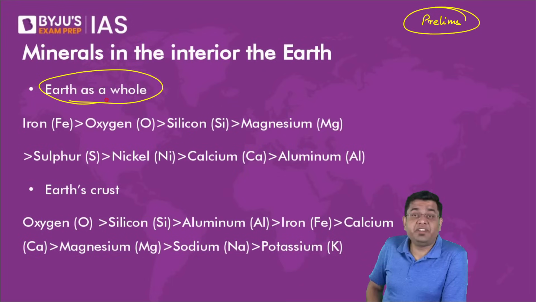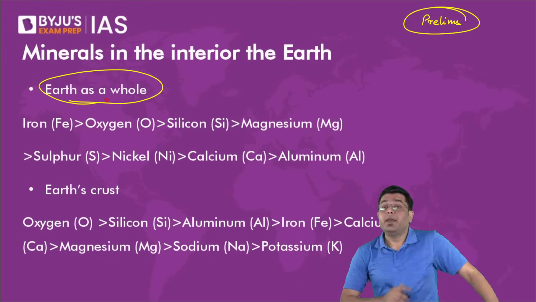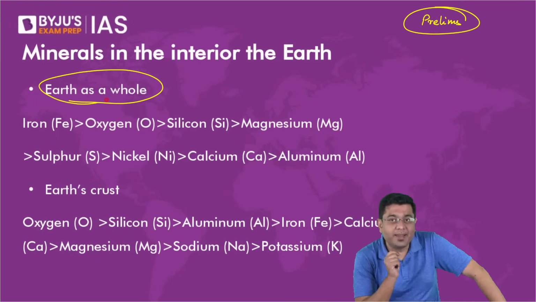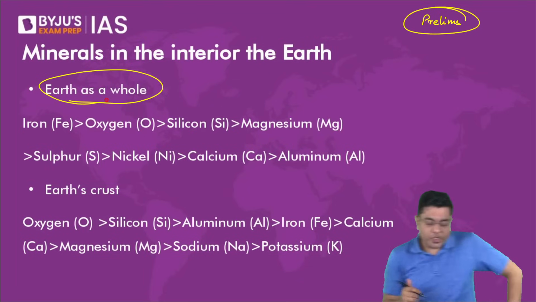So how is it that we say that oxygen is the second most abundant element in the entirety of Earth's structure? What do you think? Very good. In the form of oxides. So the oxygen that you see here exists in the form of oxides. So iron is the most abundant, followed by oxygen, followed by silicon, followed by magnesium.